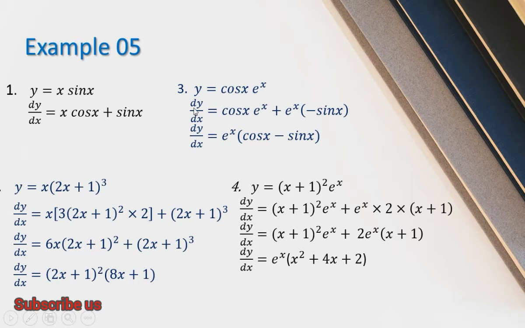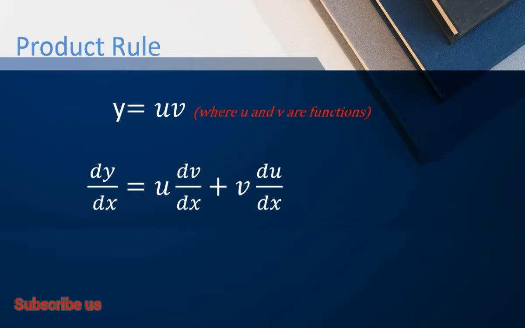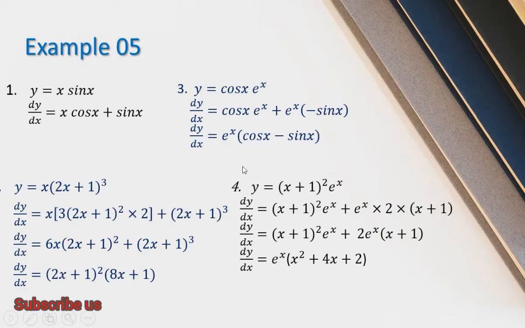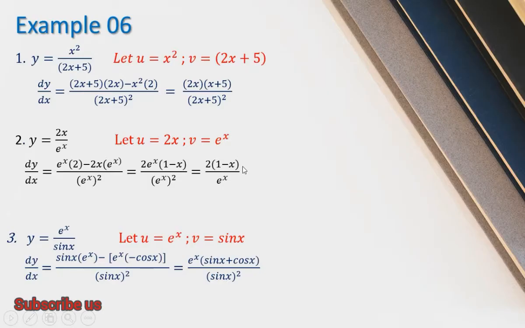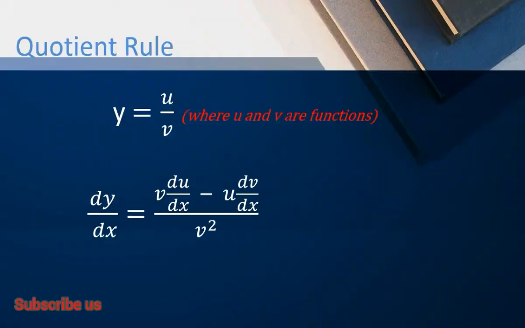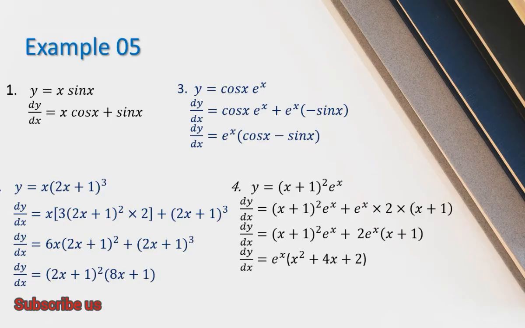So dy by dx equal cos x times the differentiated function of e to the power x plus e to the power x times the differentiated function of cos x, which is minus sin x, and as the final answer we can get e to the power x times (cos x minus sin x).